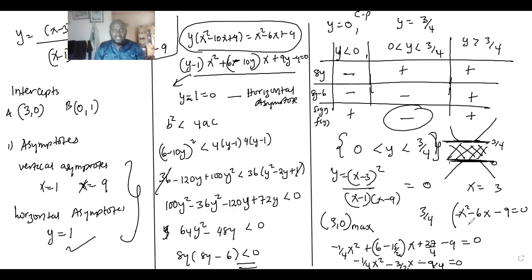You see that the whole of this is (x plus 3) squared is 0. So it is at x is equal to negative 3. So the next turning point is at y equals 3 over 4. And here it turns how? Minimally. And it gives you 1 point, of course.